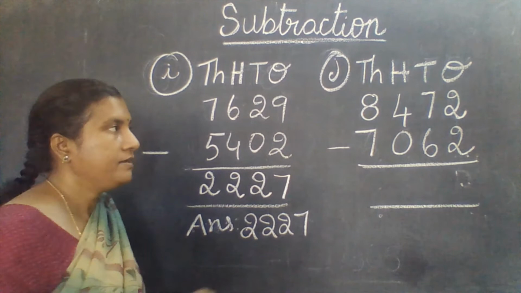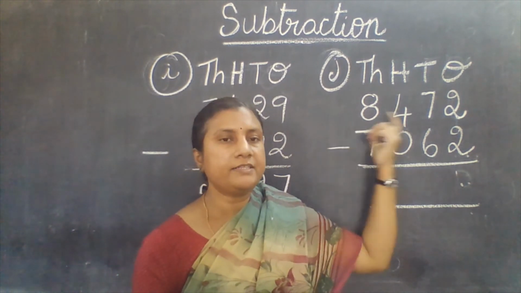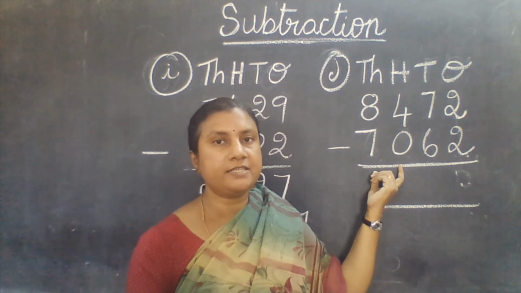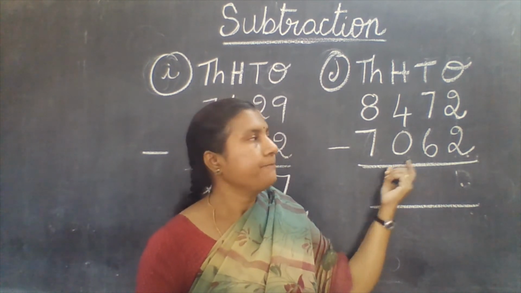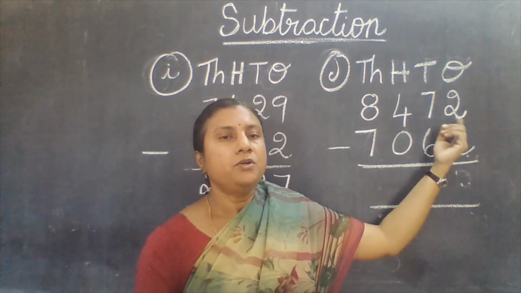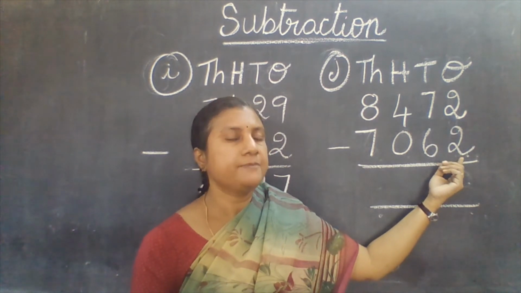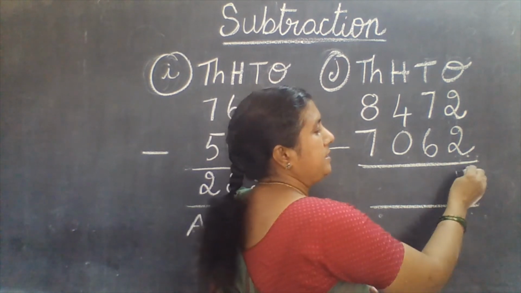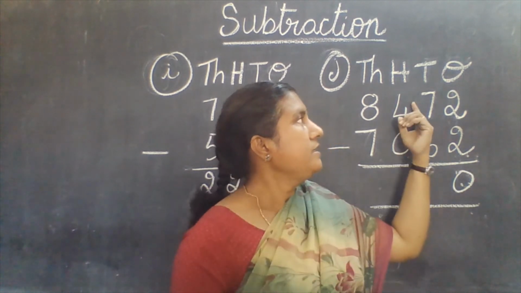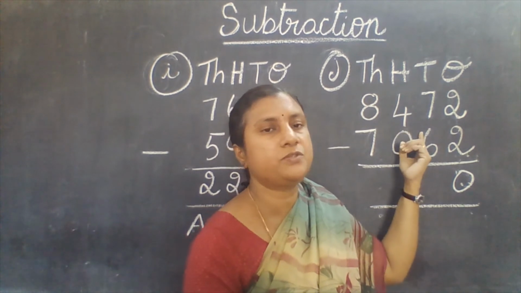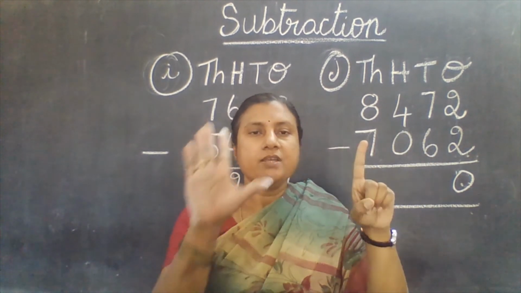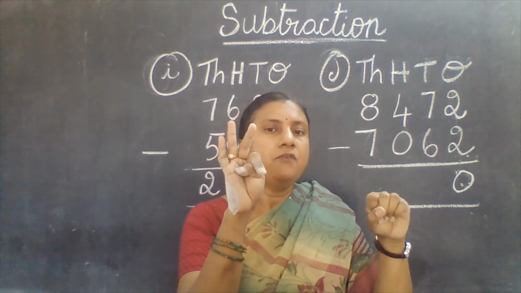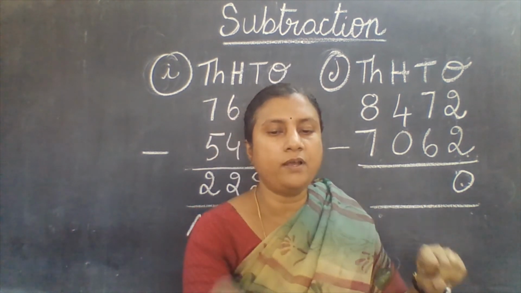2227. Here 8472 and 7062 are there to subtract. We have to start from ones place only. 2 and 2 are there in ones place. So according to same number property, the difference will be 0. In tens place, we have 7 and 6 to subtract. So 7 in your mind, 6 in your fingers. Before 7: 6, 5, 4, 3, 2, 1. What is the difference?